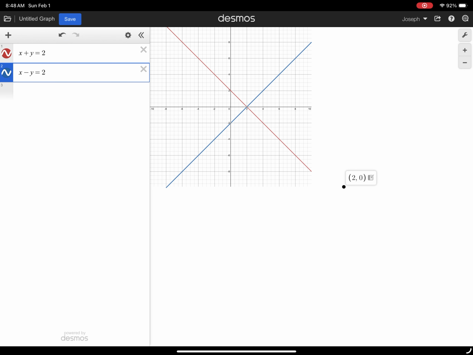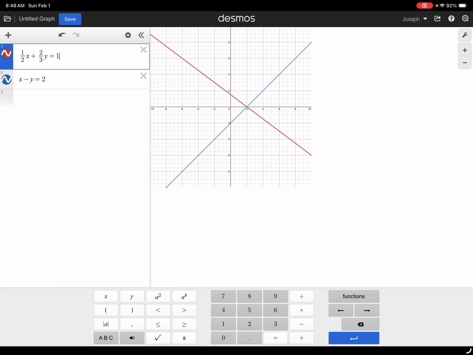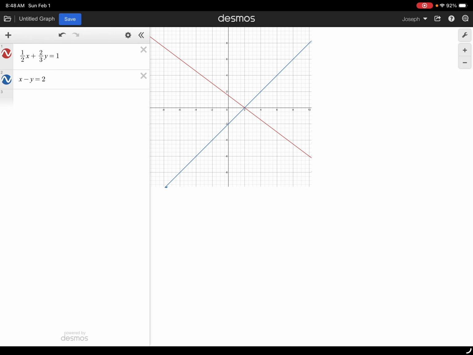So I'll go here, and I'll go, how do I get my, oh wait, 1/2, 2/3, and then here's where people mess up the most. As far as points, they write the problem down wrong. Step 1, make sure you write the problem down right. So this is a different line. The second one, the blue one, is still the same.